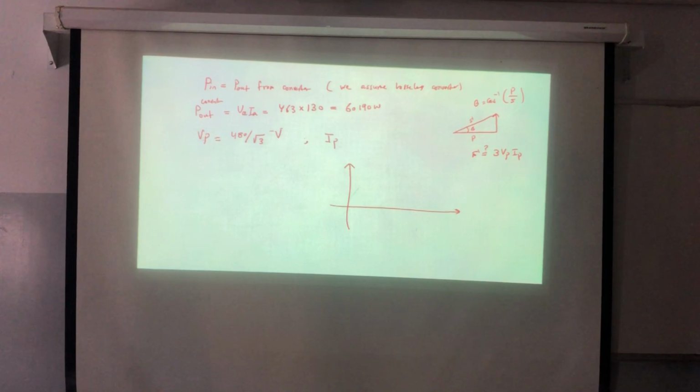Okay, if we do the integration, this will be the square root of 2 over 3 multiplied by I dc, or IA.